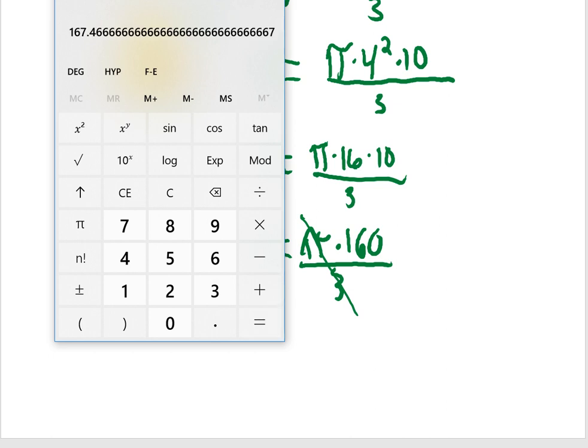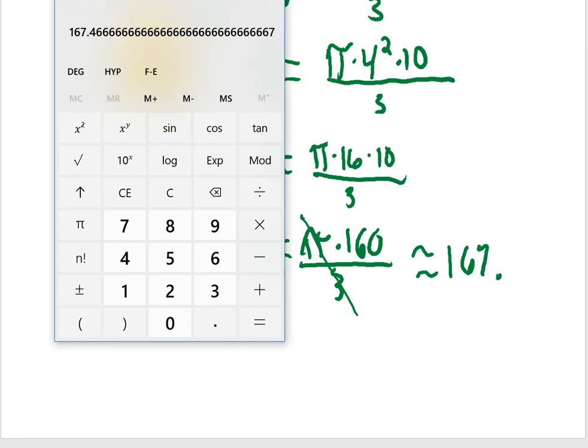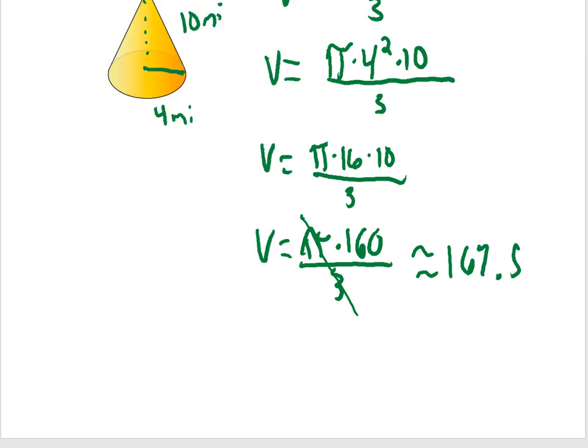It's a repeating decimal, so it says it's approximately 167, which is very close to 160. If you wanted to just guess, you'd say it's about 160, but if you wanted a more accurate answer, you'd say 167.5, and we're going to say miles cubed. That is the volume of that very, very big cone.